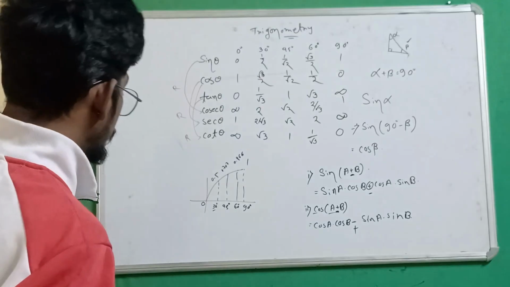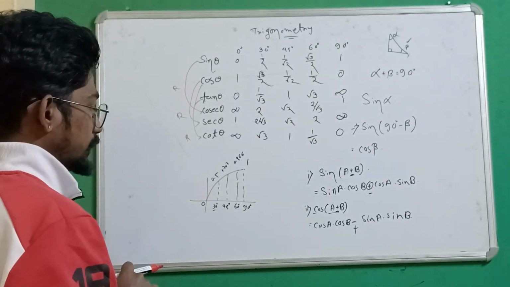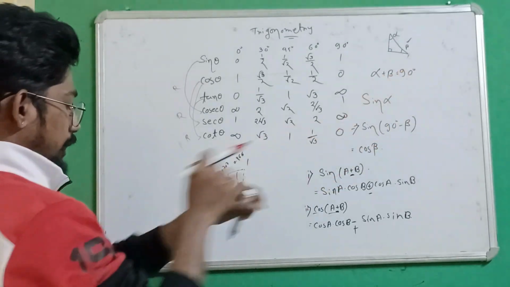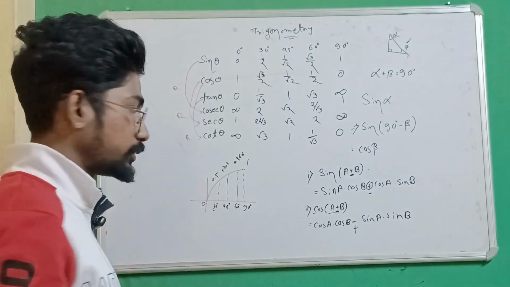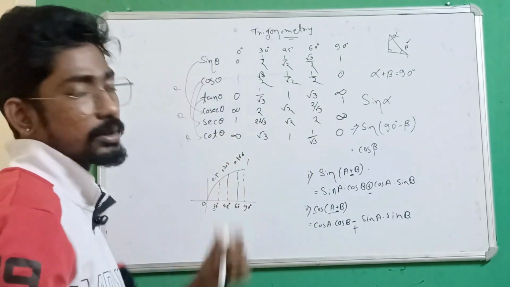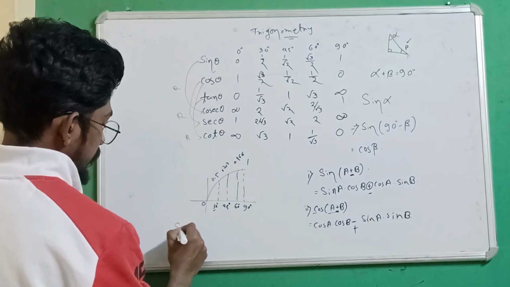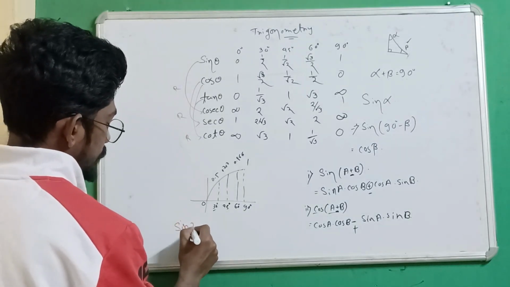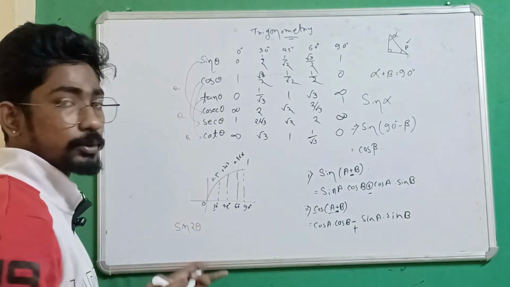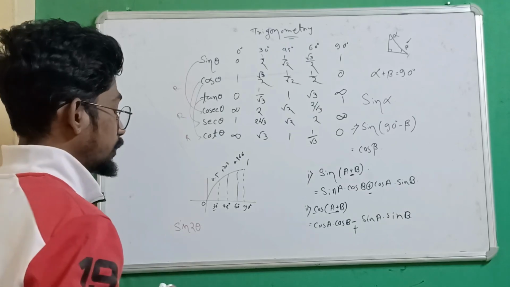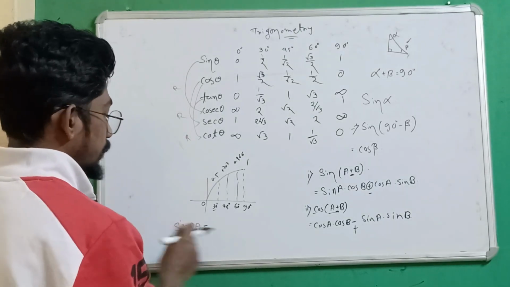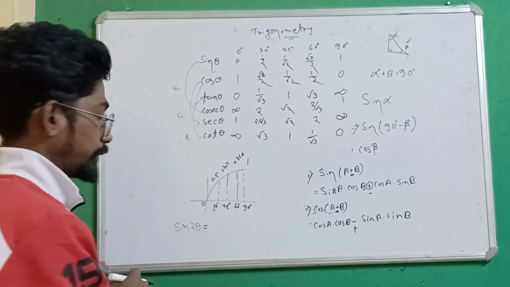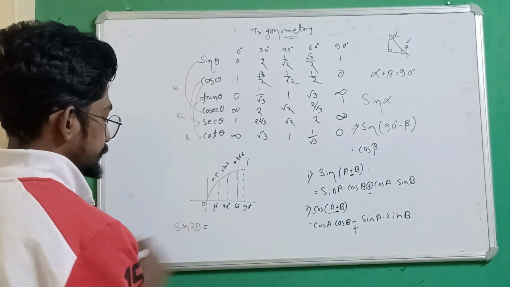Now there are two things you need. Whenever the angle is twice the angle given in the triangle, like if sine 2 theta is asked, you will find it in projectile motion. In the formula of range, you will find sine 2 theta by g.